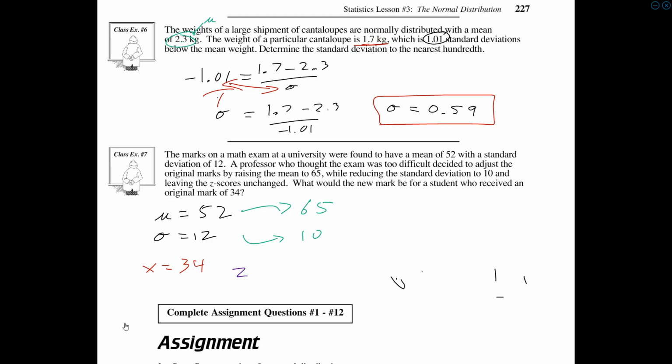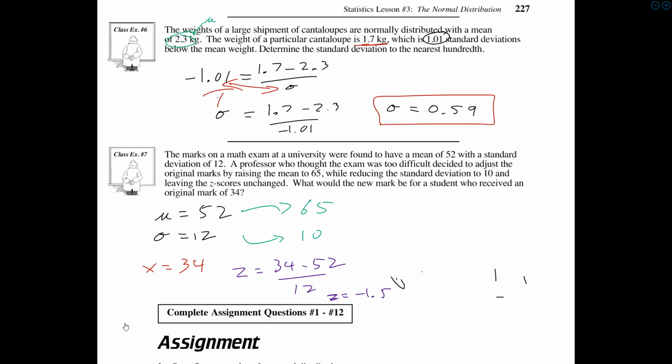The z-score is equal to mark minus average over standard deviation. So we have negative 18 over 12. So the z-score here is equal to negative 1.5.